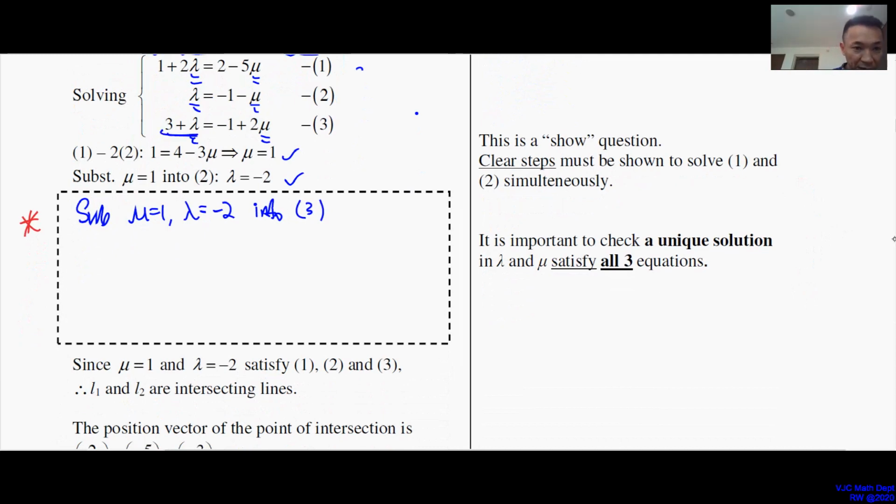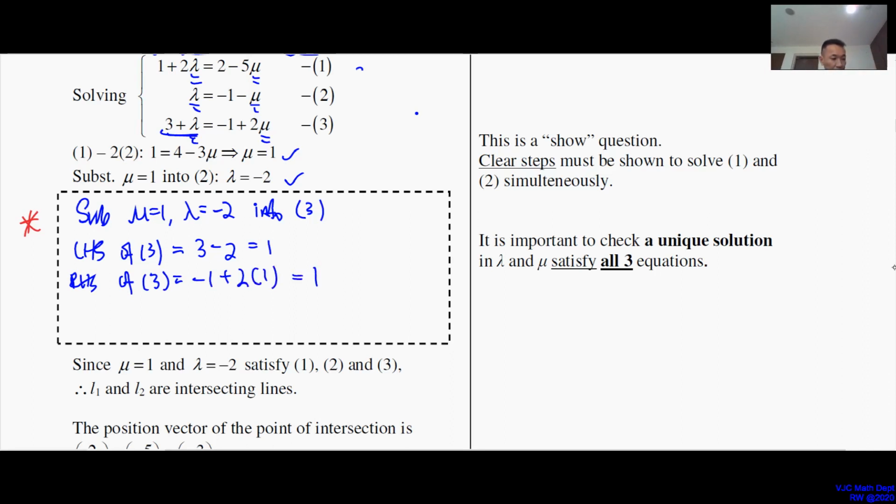Looking at equation 3, the left hand side equals 3 minus 2, which equals 1. What about the right hand side? I get minus 1 plus 2 times 1. I also get 1.